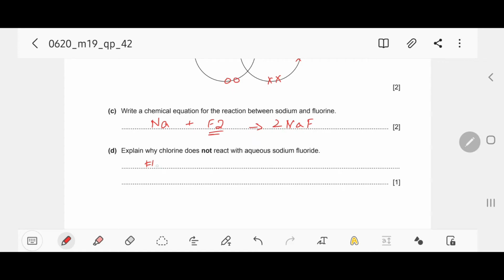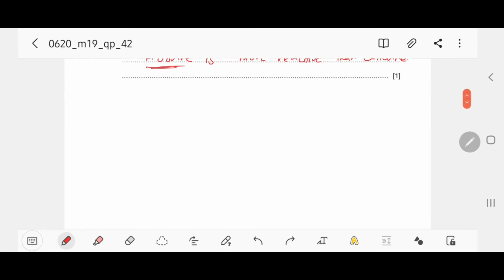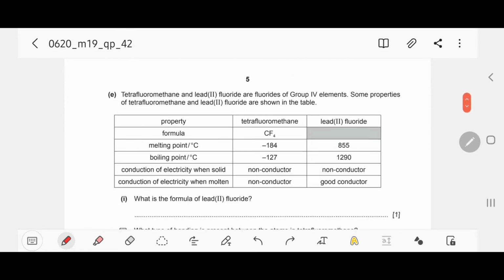That's the reason you can state. So that's why fluorine reacts with sodium, and it will not let chlorine bond with sodium because of fluorine's greater reactivity.